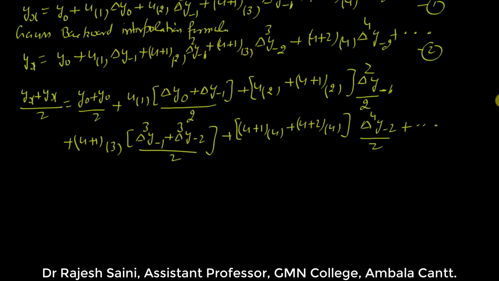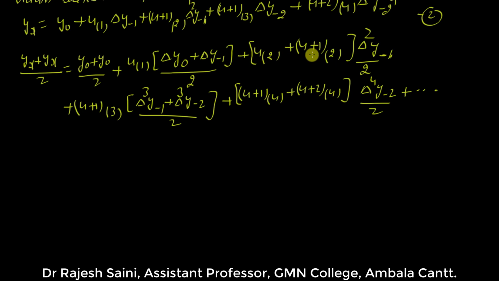So now what is u2? U plus 1 subscript 2. You know the formula. This will be y0 plus u1, and it will be 1 factorial delta y0 plus delta y minus 1 by 2 plus, now this formula is u, we have already done, you have to manually do it.